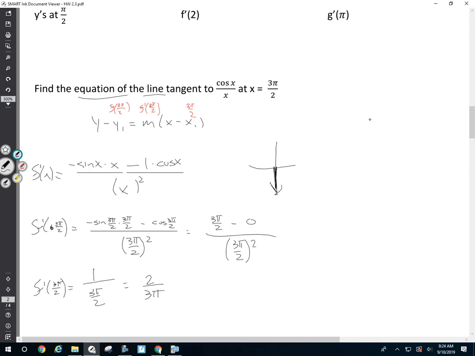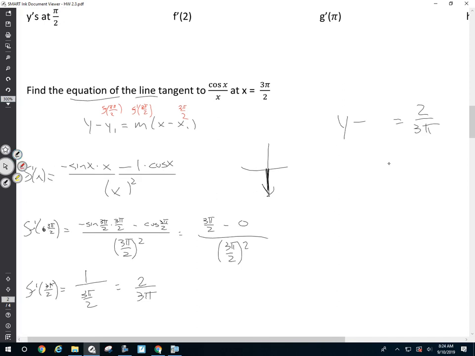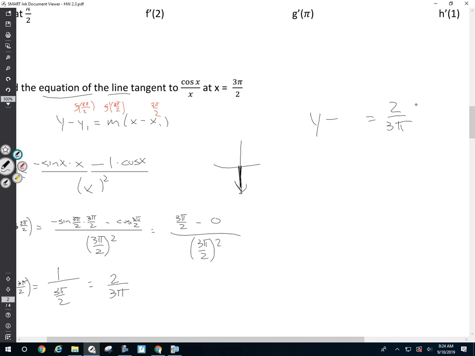All right, so y minus y1 equals 2 over 3 pi times x minus 3 pi over 2. Now, let's just find the y-coordinate. That's all I need to do.